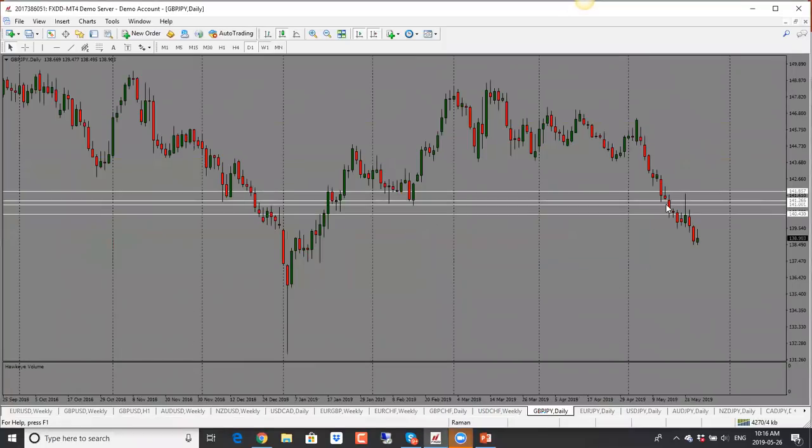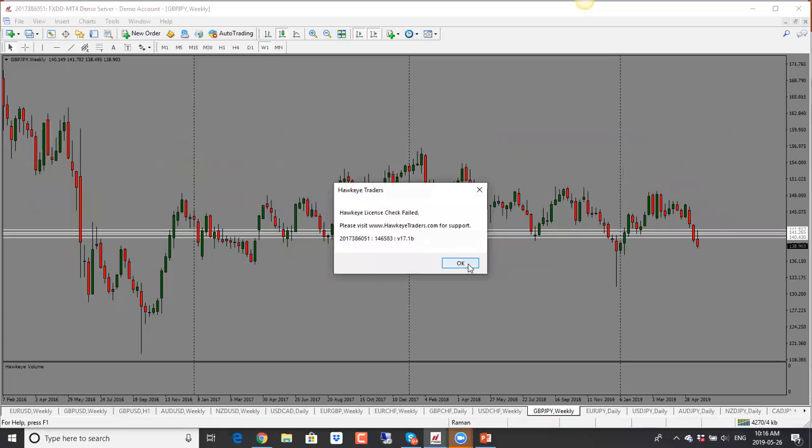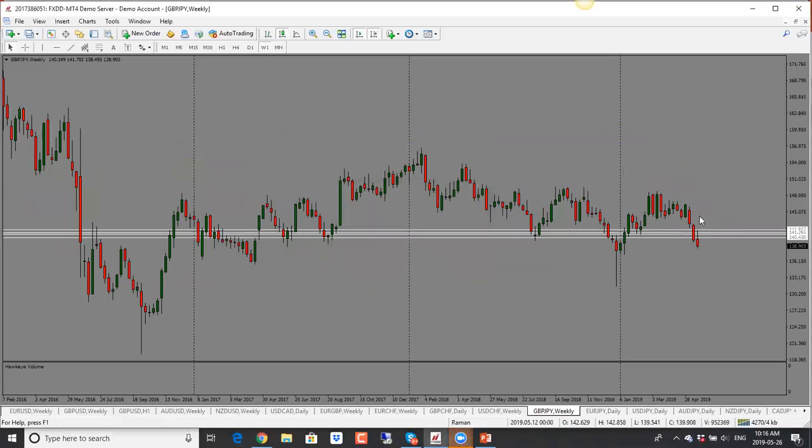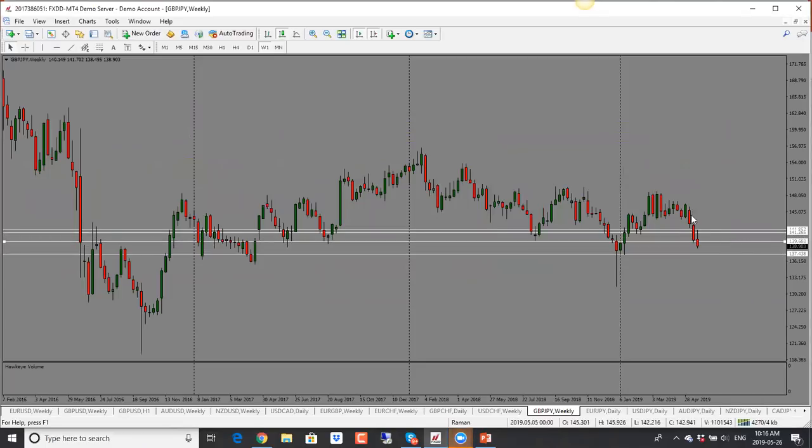Pound yen, this one as well, we saw a nice drop here. So we have a bearish pin bar. So bias is bearish. And with this one, we could get pullbacks as well, because we have had 3 weeks of drops. When we see big drops like this, chances are price pulls back.